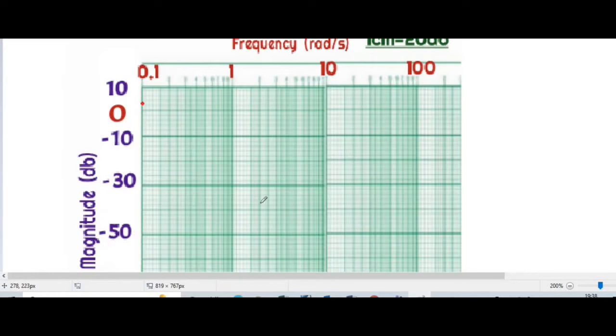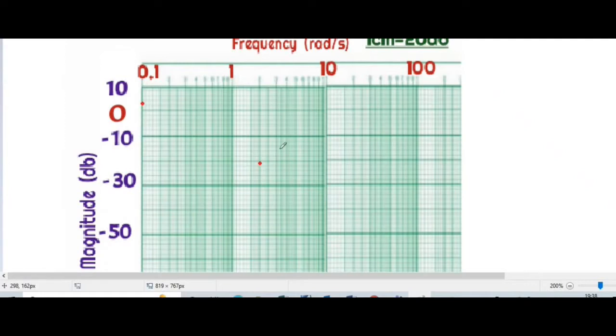Above this minus 30, if we move 4 blocks above, that is between the 4th and 5th block, we will choose one point equal to minus 22.5 dB. Then we will move to the next, the corner frequency 3.